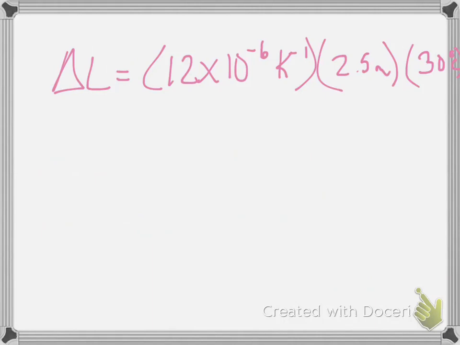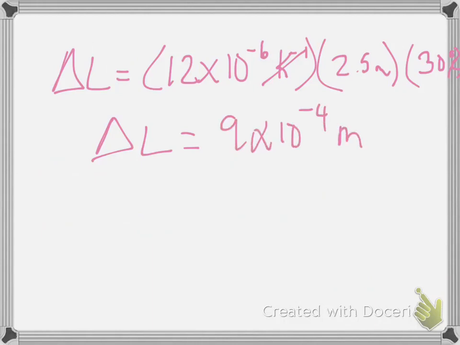Degrees Celsius, because it's a change in temperature, will cancel out with that Kelvin there. We just have to multiply everything together, and change in L is equal to 9 times 10 to the negative 4th meters if you stick that in your calculator. So I would suggest you do it. Check me on it.